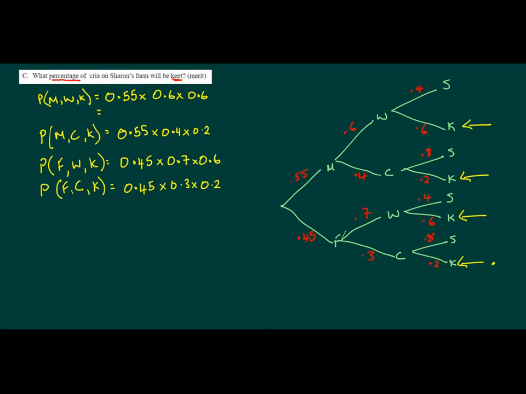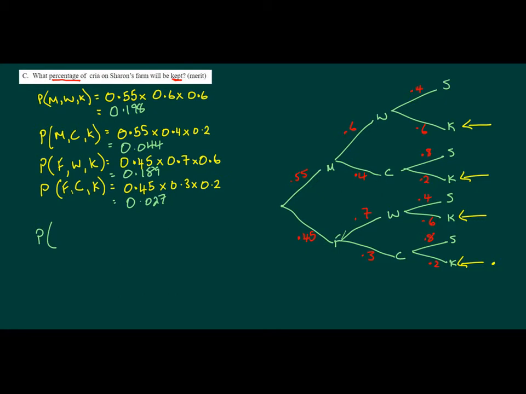And we'll quickly pull out our calculator and find out what they all add up to individually. So this first one here, if we multiply those together, we get 0.198. The second one here is 0.044. The third one here equals 0.189, and this one here is 0.027. So then I basically add up all of those probabilities.